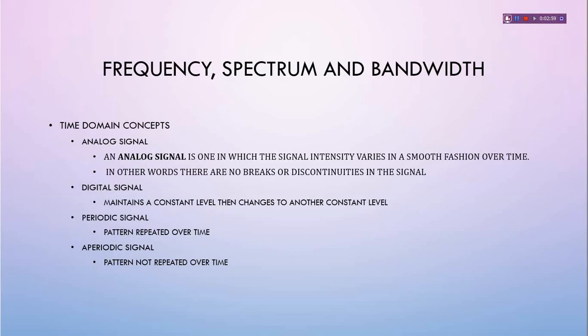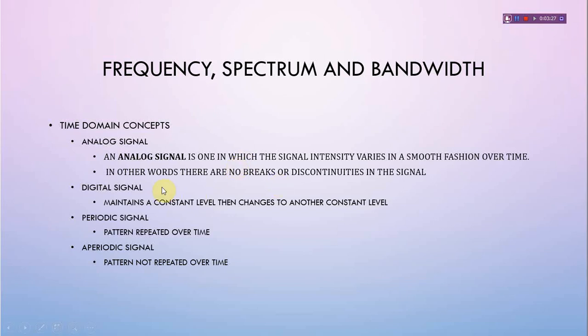The next topic: frequency, spectrum and bandwidth. The time domain concept, and in this concept we will discuss analog signal and digital signal. Analog signal is one in which the signal intensity varies in a smooth fashion over time, meaning the signal varies smoothly over time.